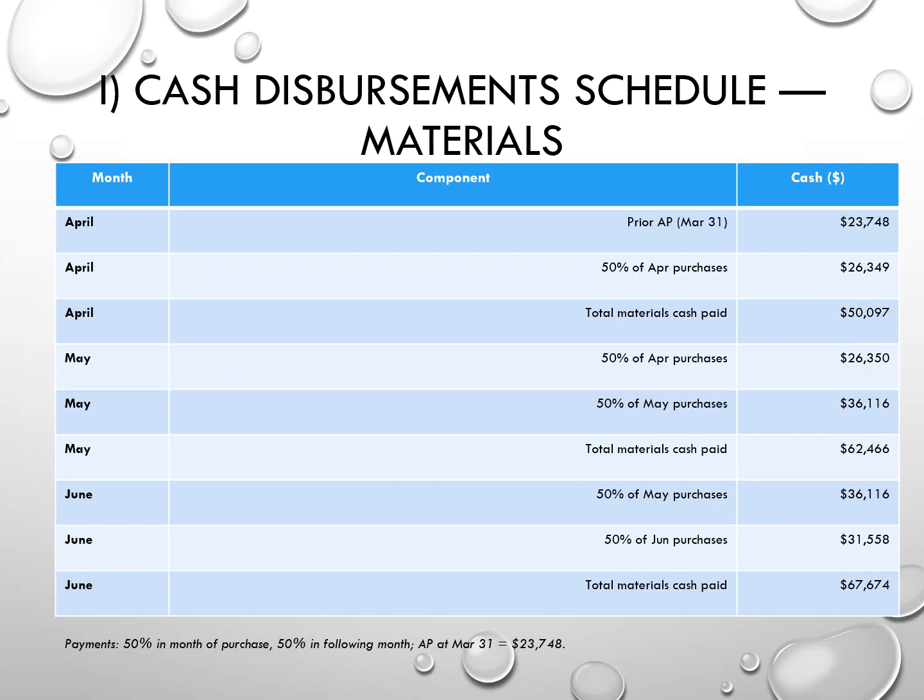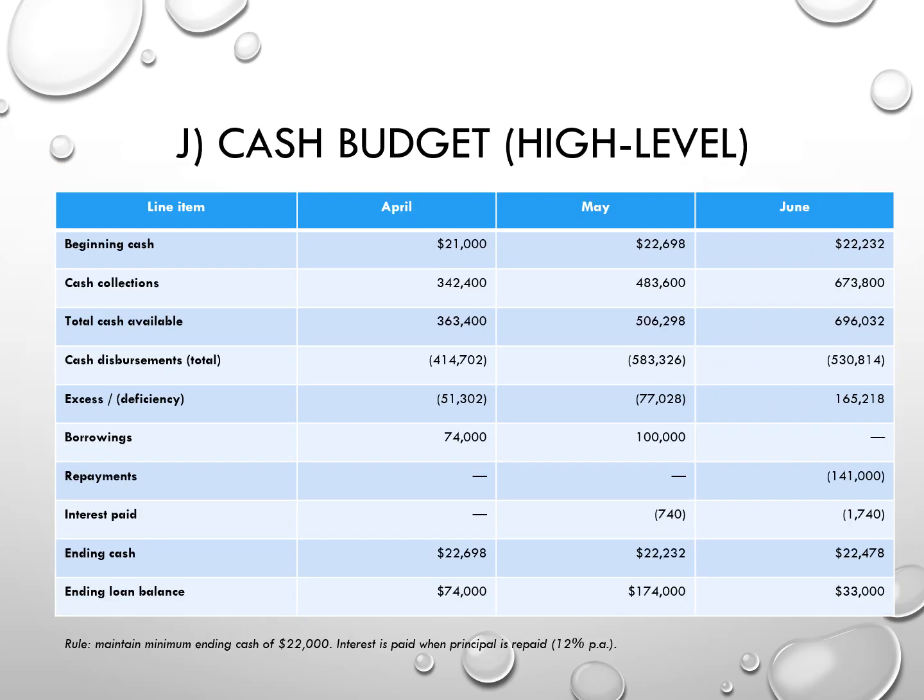Materials are paid 50% in the month of purchase and 50% the following month. We also include accounts payable from March 31st. Total cash paid for materials during Q2 is $180,237.